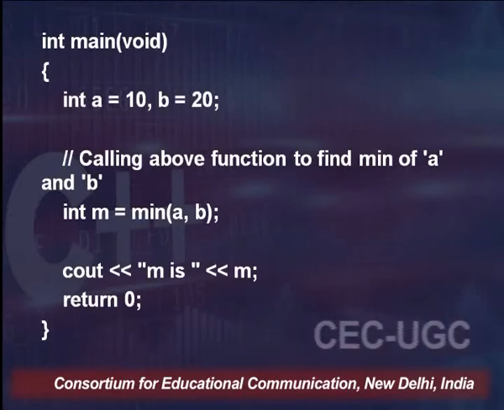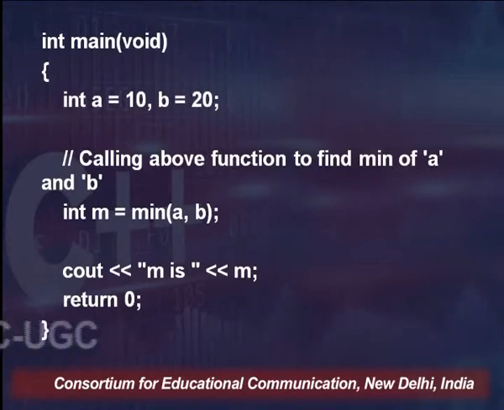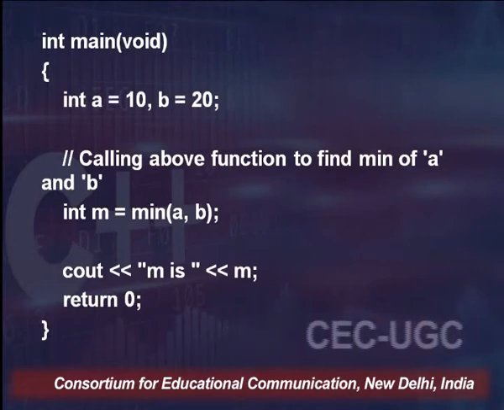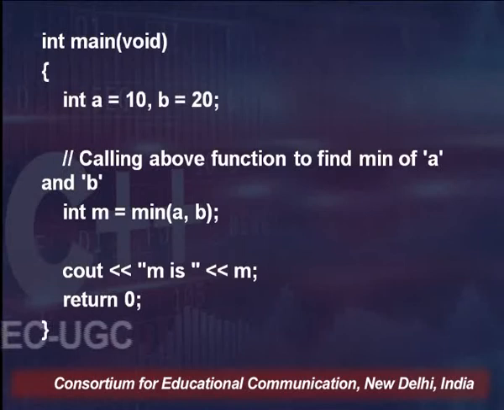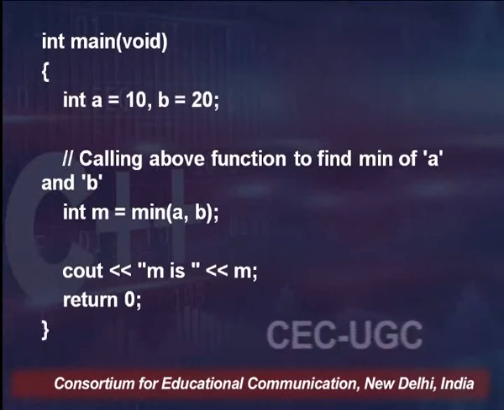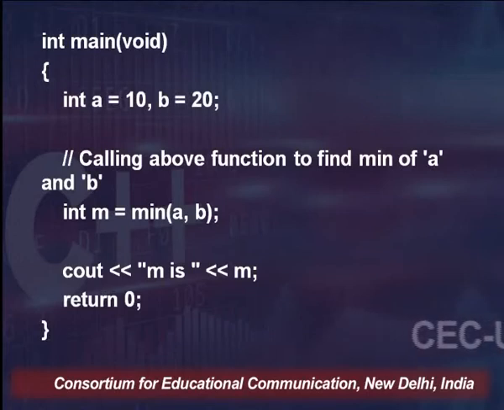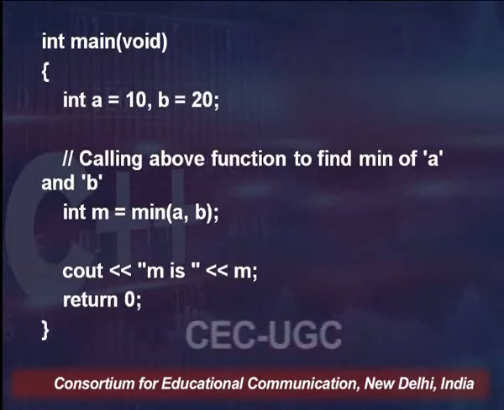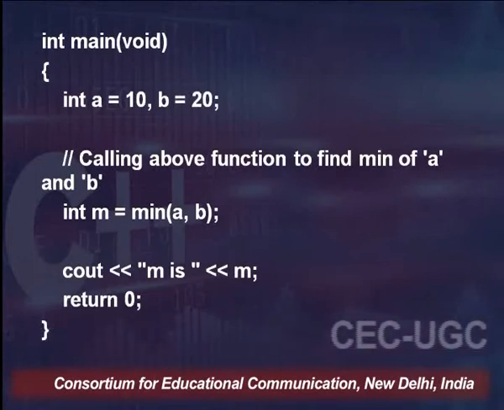Now it's not that main is never going to have any parameter. Main can also have parameters, which we will see in our upcoming lectures. So the four important things here are the return type, the name of the function, the parameter list, and the body of the function, or the code which we have written. So main is also a function.